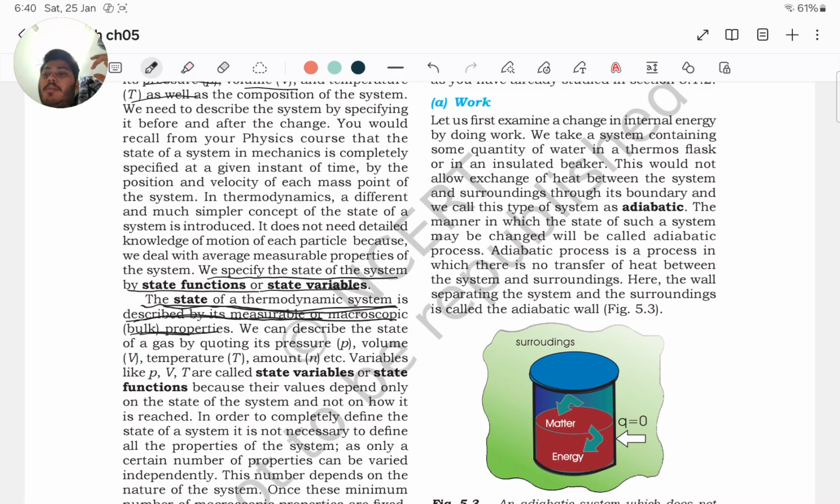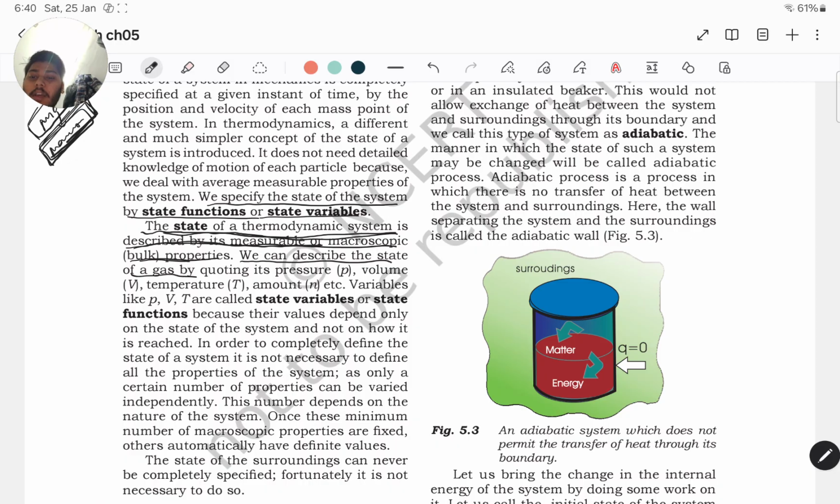Macroscopic means bulk. There are two terms, microscopic, which we will discuss in later classes in your colleges, and macroscopic, which we go through because it can be measured, you can see it, you can feel it.